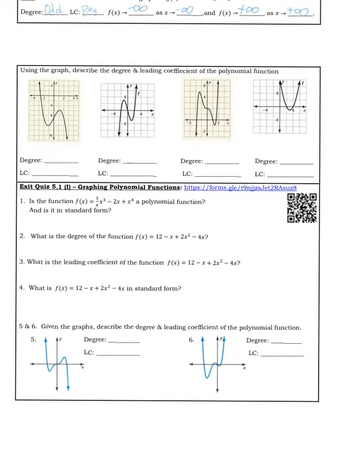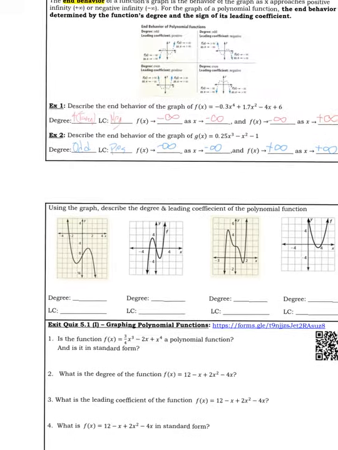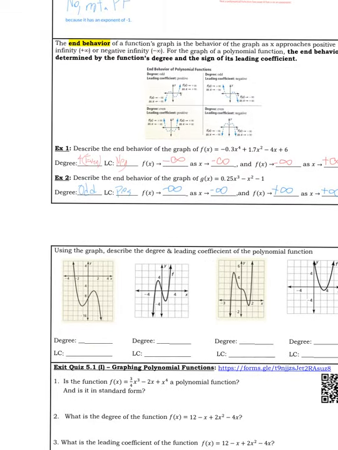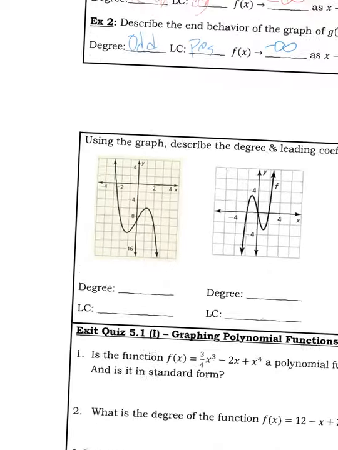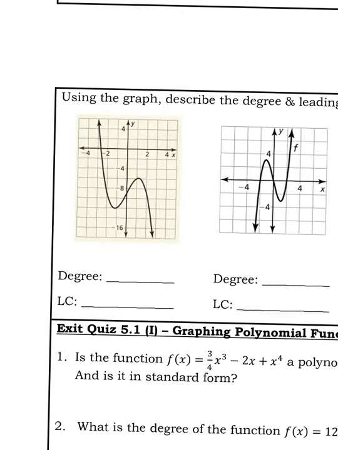All right? So the last section here, using the graph, describe the degree and leading coefficient of the polynomial function. Well, just look at it. It's going like this, right? So feel free to use this. This is a degree odd, and it's going opposite directions, and then it's going down from left to right. So the leading coefficient must be negative.